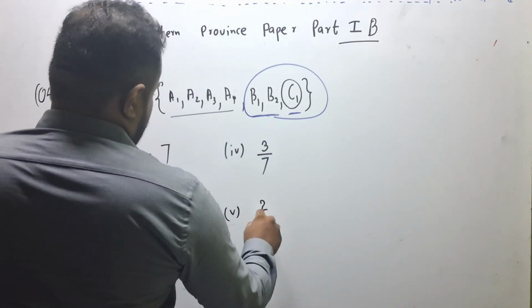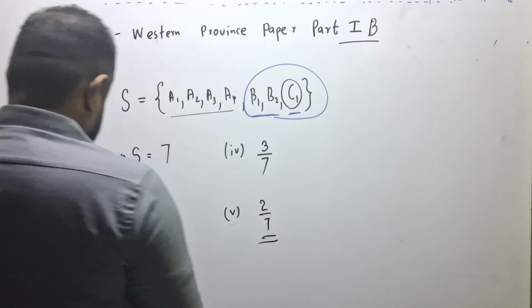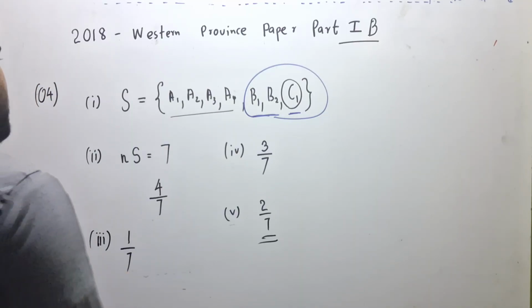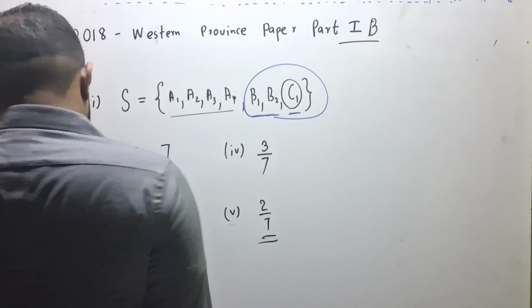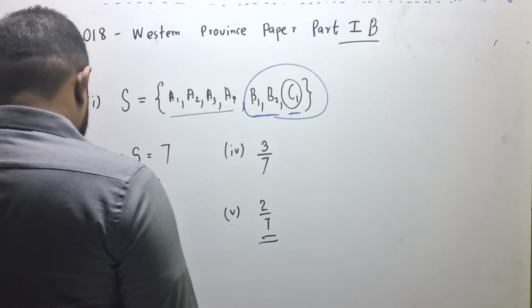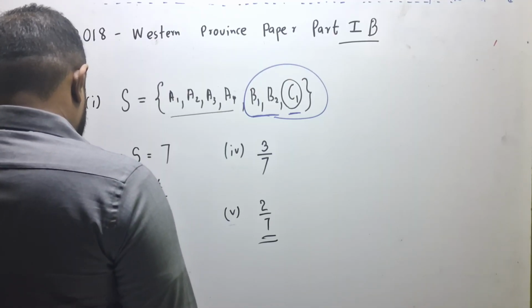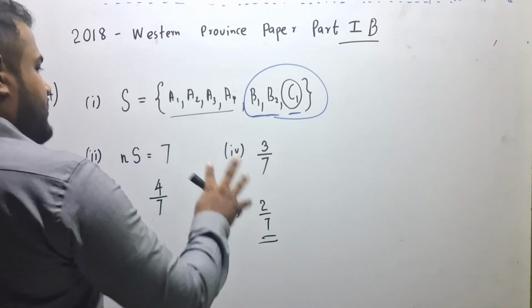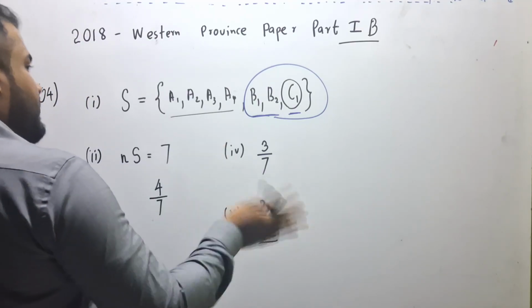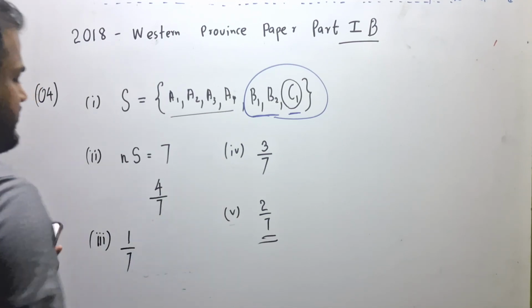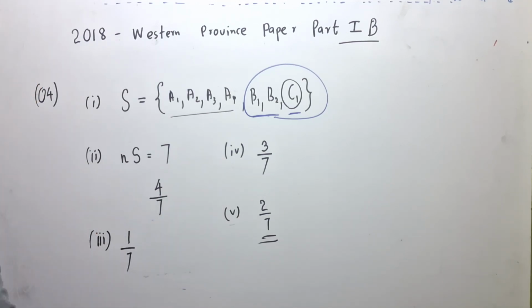Answer is 2 out of 7. Why is it not 3 out of 7? Because they haven't mentioned black socks. Sometimes the one with black socks can wear a red belt, but it's not mentioned here. So we only take 2 out of 7.